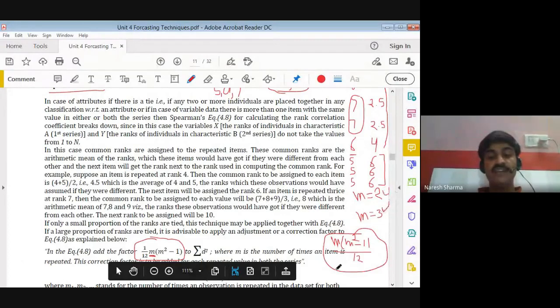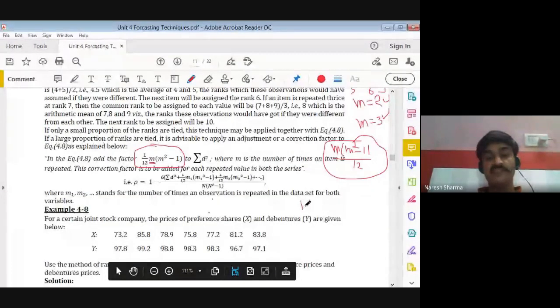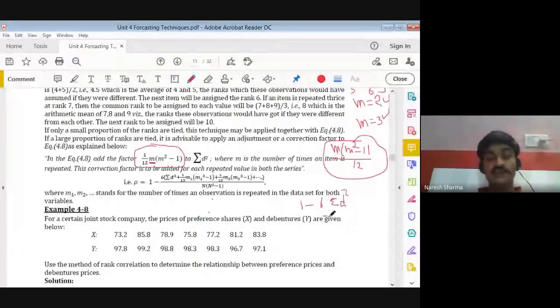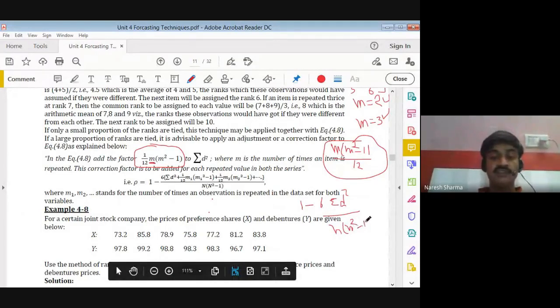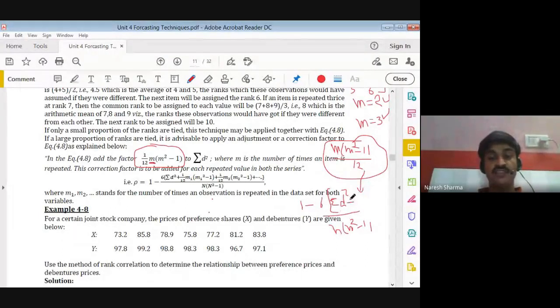So the formula is the same, that is 1 minus 6 summation d square divided by n into n square minus 1, which is the formula for rank. We need to add this value m into m square minus 1 together with d square in the summation.